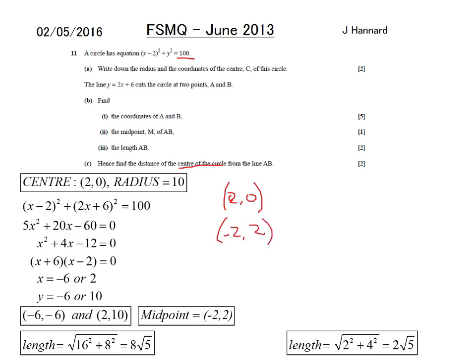So we do back take back squared, which is going to be 2 squared, added to front take front squared, which is going to be 4 squared, and then we get that there, 2 root 5. Obviously we have to root that.